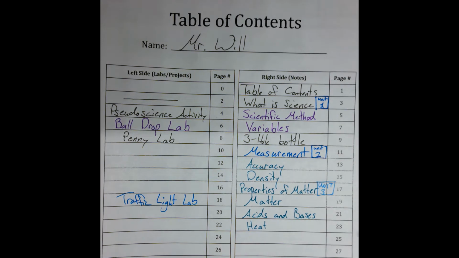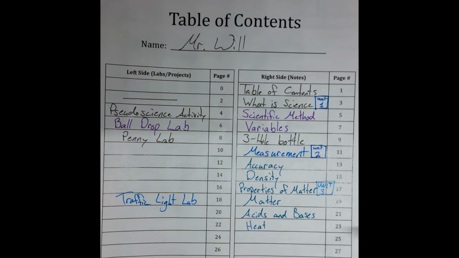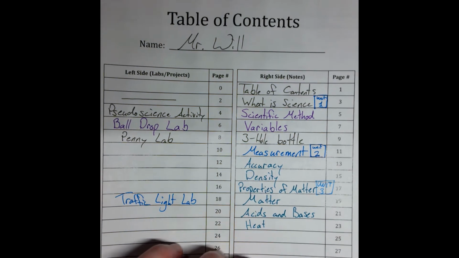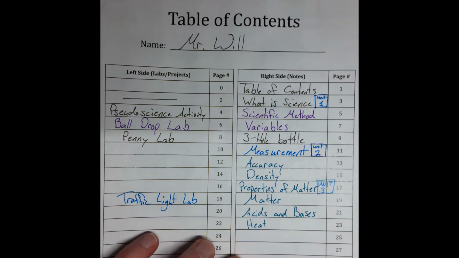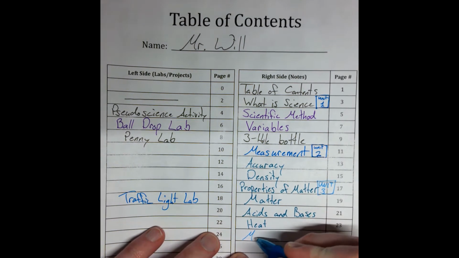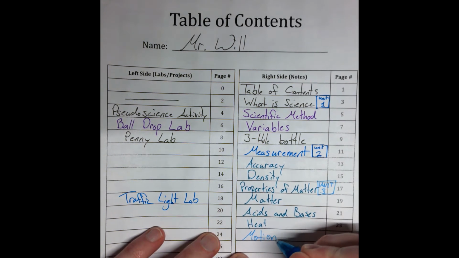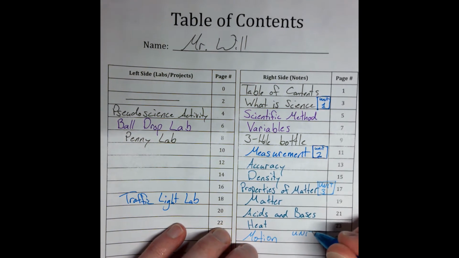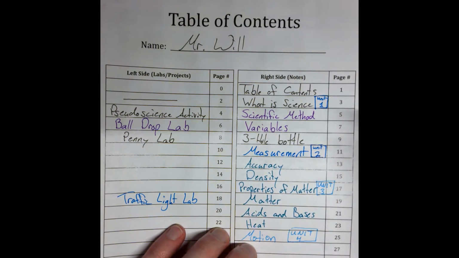But over here on the right, we have all of these ones all the way down from Unit 1, Unit 2, and Unit 3. And this is where we are now, Unit 4. On page 25, we talked about motion. So let's put motion in there, and let's put Unit 4, kind of like we did for the other ones.